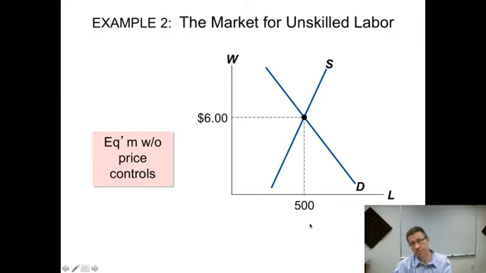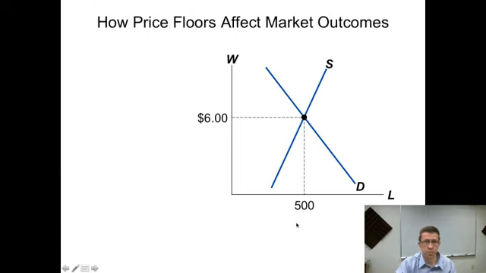So you can think of this as like work at a fast food restaurant, or sometimes like the local grocery store will hire a lot of younger unskilled workers to do the checkout type jobs. There's all sorts of jobs that unskilled workers could obtain. Without price controls, say $6 is the wage in this example, and you have 500 people working.